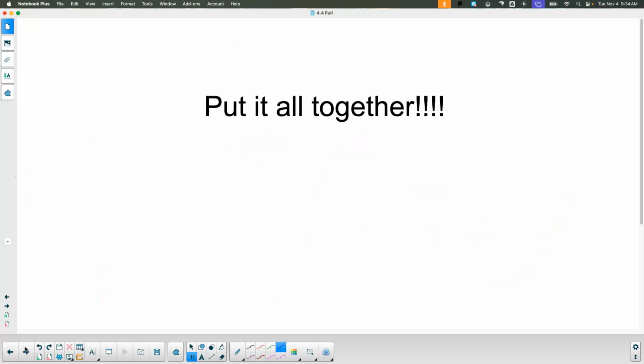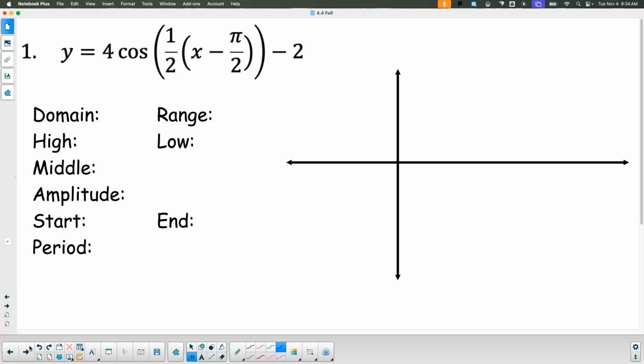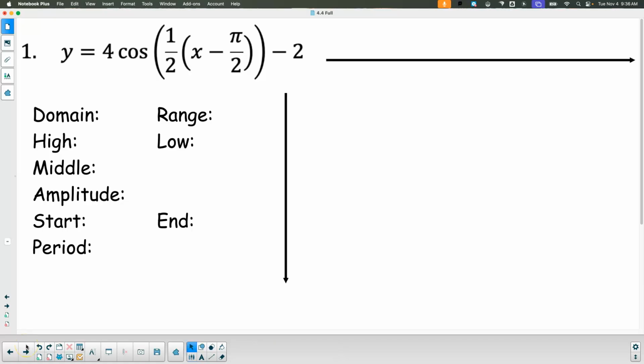Let's put it all together. Go for it. Yeah, the middle. Oh wait, no. The 4 is the amplitude. The range is -6 to +2, because the D is -2, which is the center.